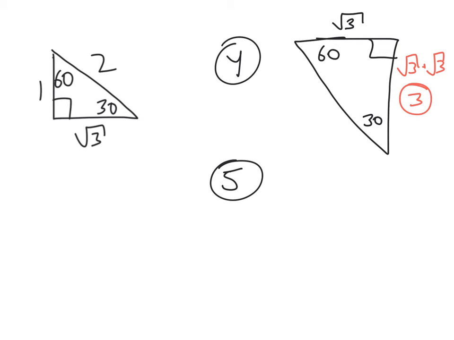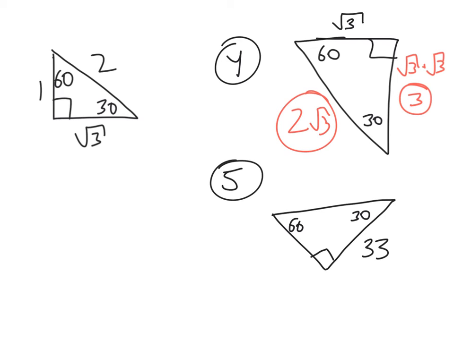And the hypotenuse isn't bad at all, since it's just 2 times the 30 side. We just do 2 times the square root of 3, and that one's that. Again, not super complicated, but you just gotta pay attention and make sure you avoid tricking yourself.